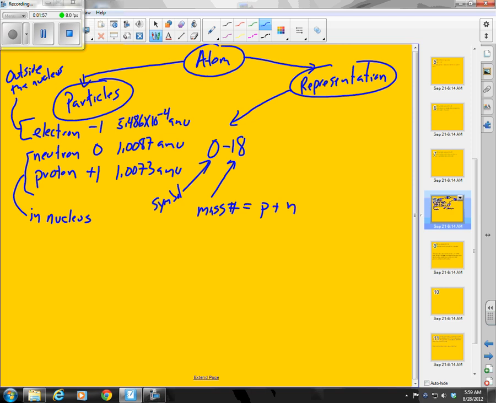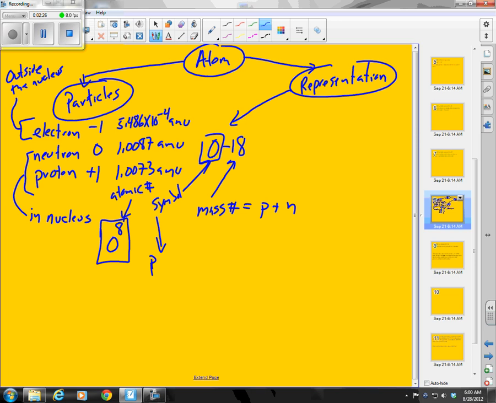Good. Now, if I know the symbol right here, it means I can also figure out the number of protons, right? Because it is the number of protons which defines the element. If I have oxygen, and I look it up on the periodic table, I would see an O and an 8, and that 8 means what? That is the atomic number, and that is the number of protons.